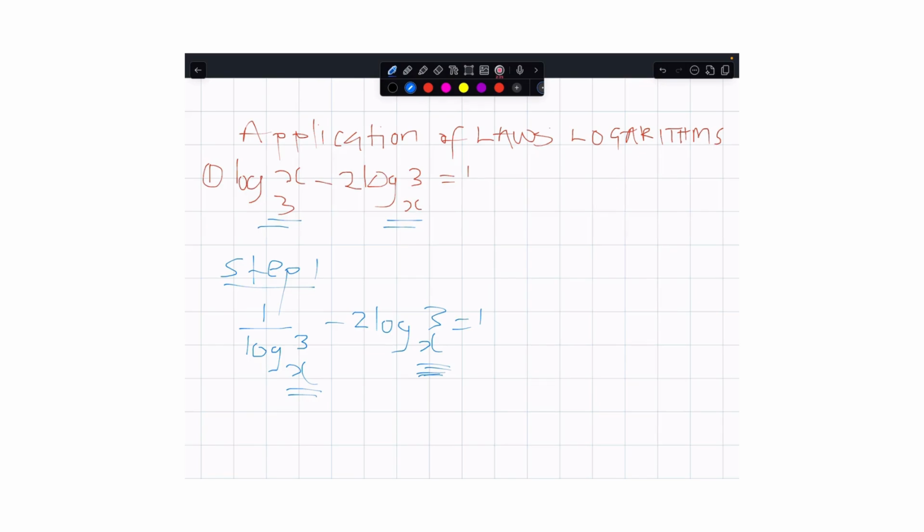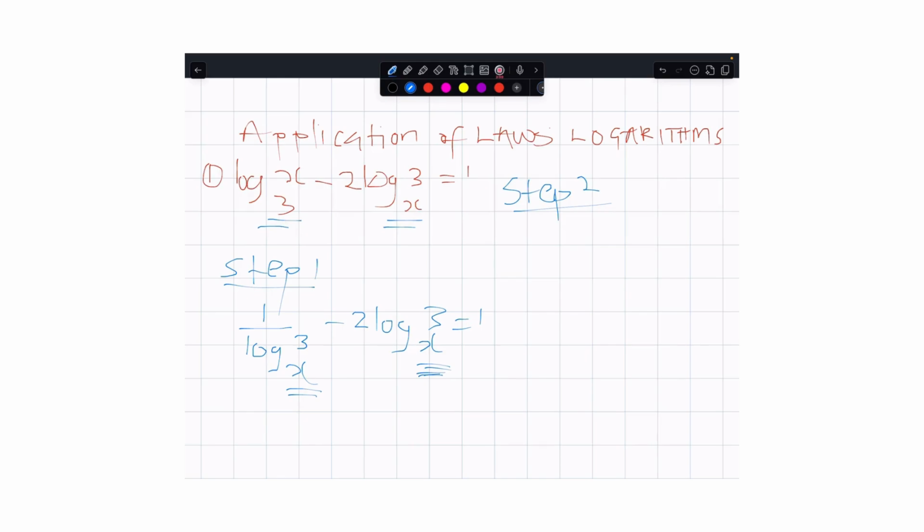So the second step, which is our step number 2, what are we doing in step number 2? It might be tedious for you to work with log 3 base x throughout the equation. So what you want to do is assign a constant to log 3 base x so that it will be easier for you to just work with that one.